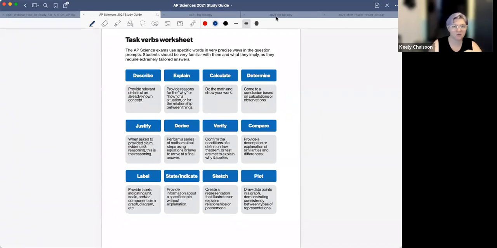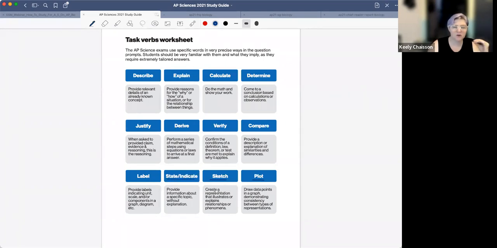You can look at how the 2021 exam is formatted and expect to see those same tasks shown again. So sketch or plot is going to tell you you need to be drawing. You need to draw an illustration.